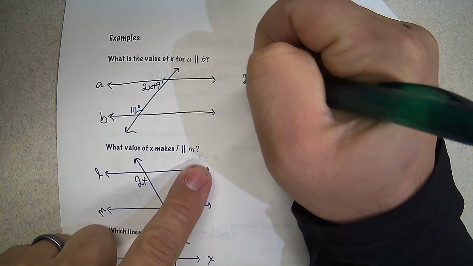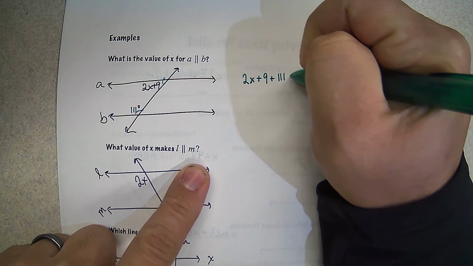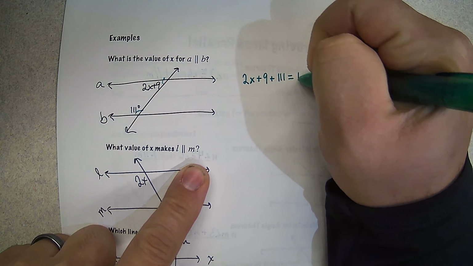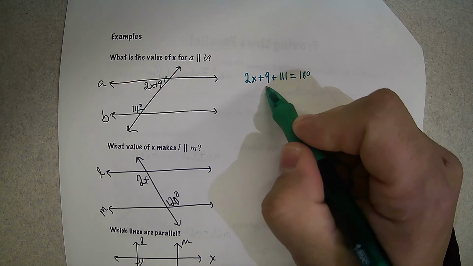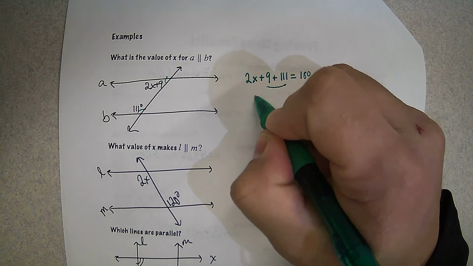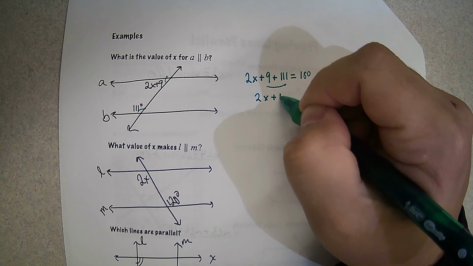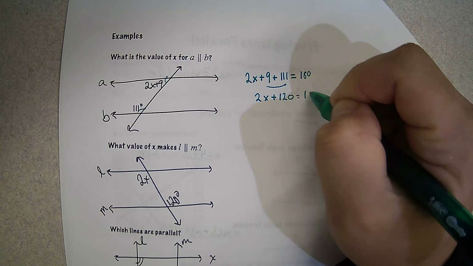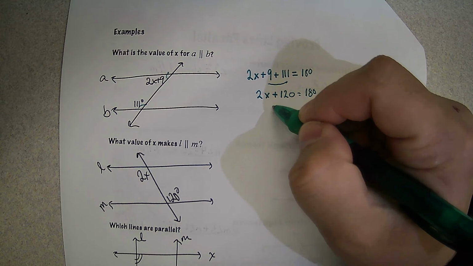So we're going to take 2x plus 9 plus 111 equals 180. The first thing we are going to do is combine these two numbers. So we have 2x plus 120 equals 180. Then we are going to solve.